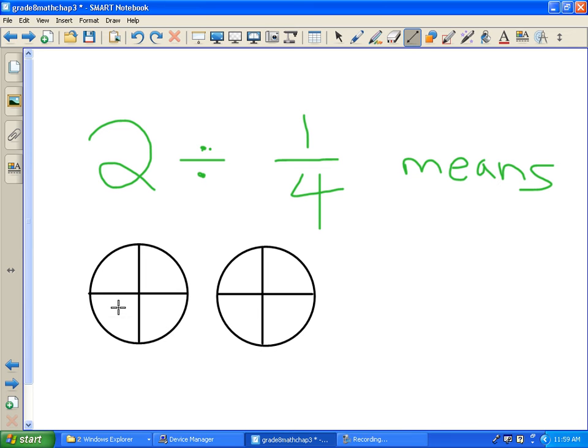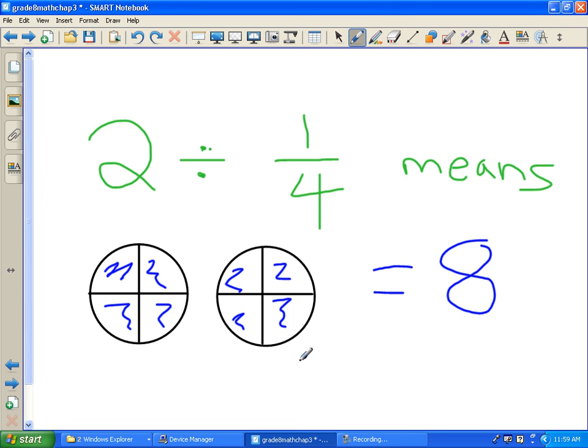Now, how many quarters did we get out of it? Or how many 1/4s did we get? Well, we've got 1, 2, 3, 4, 5, 6, 7, 8. So 2 divided into quarters, we will get 8 whole quarters.